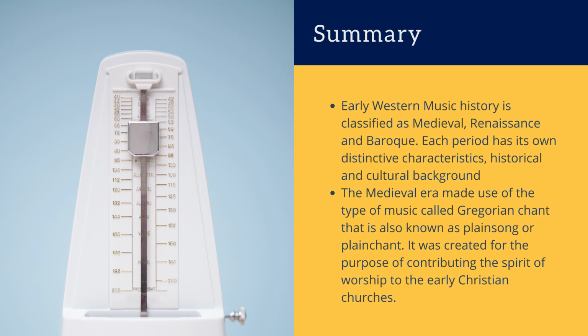So in summary, early Western music history is classified as medieval, Renaissance, and Baroque. Each period has its own distinct characteristics, historical, and cultural background. Noong time ng medieval era, they used this type of music called Gregorian chant, also known as plainsong or plainchant, and it was created for the purpose of contributing to the spirit of worship in the early Christian churches.